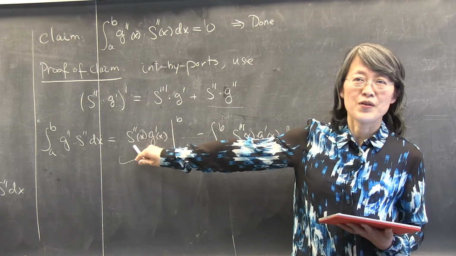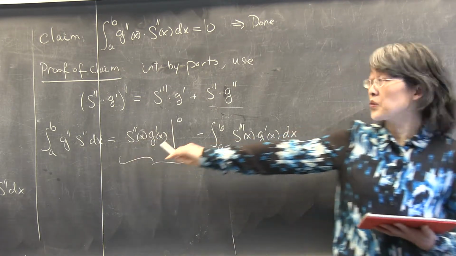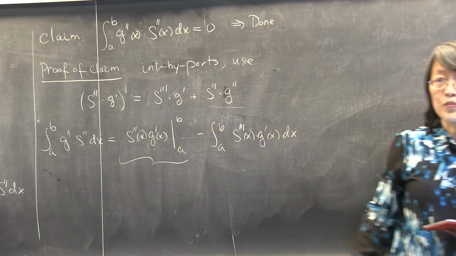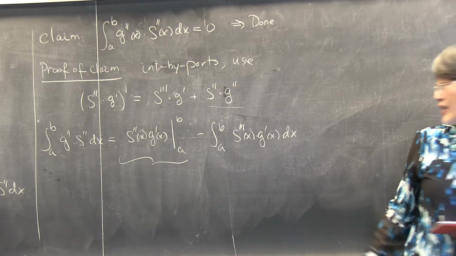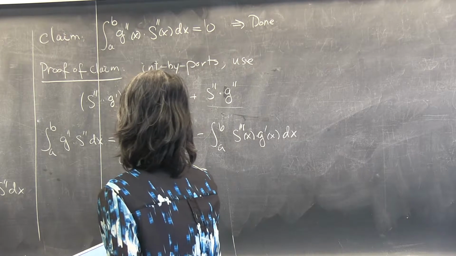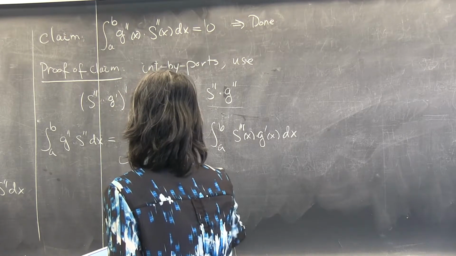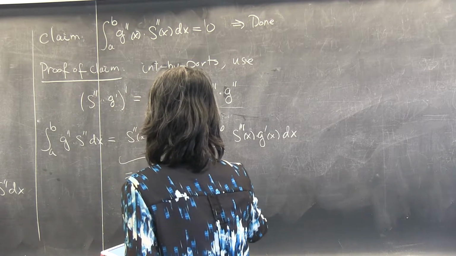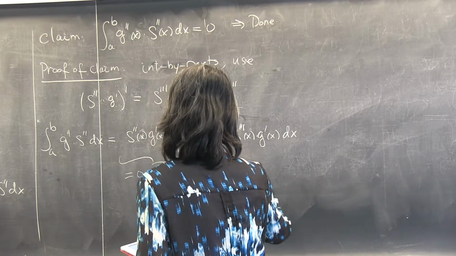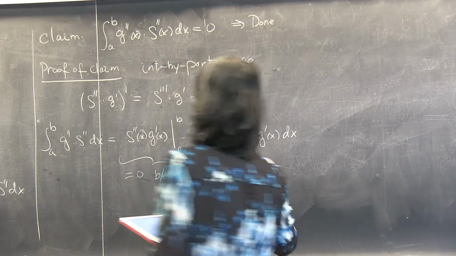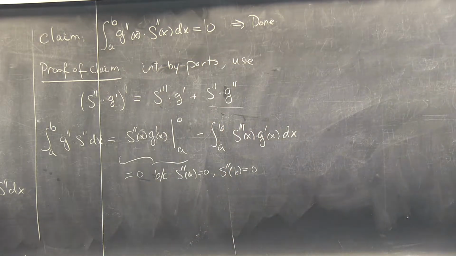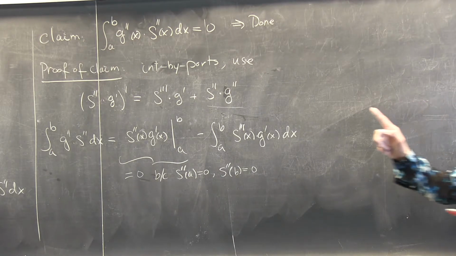This guy, is that right? S double prime equals 0 at A and B, right? Remember? So this thing equals 0 because S double prime at A equals 0 and S double prime at B equals 0. That's the condition for the natural cubic spline. Okay, so the first term is 0.